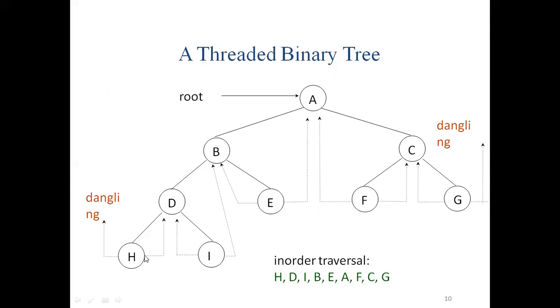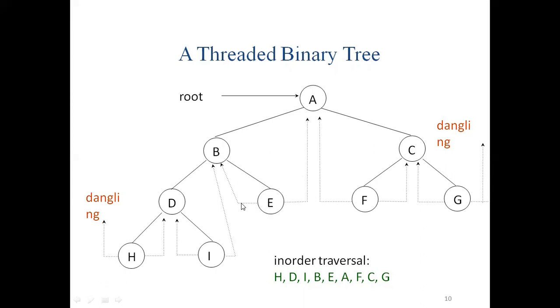And for any right pointer, it will point to Inorder successor of that node. So for H, Inorder successor is D. So right side is holding address of Inorder successor. For I also, right side is holding address of its Inorder successor. For I, node B is Inorder successor. Similarly for all other nodes.